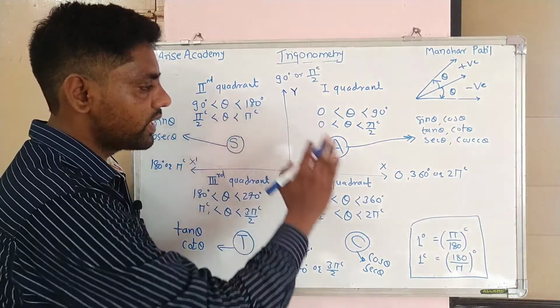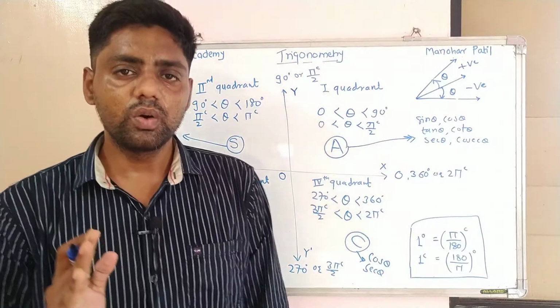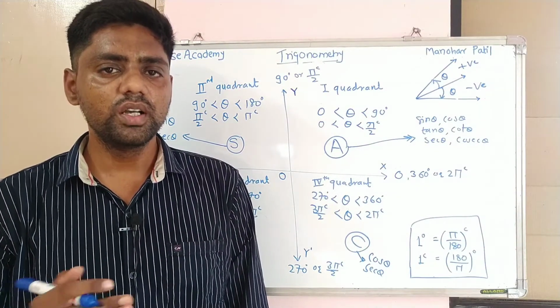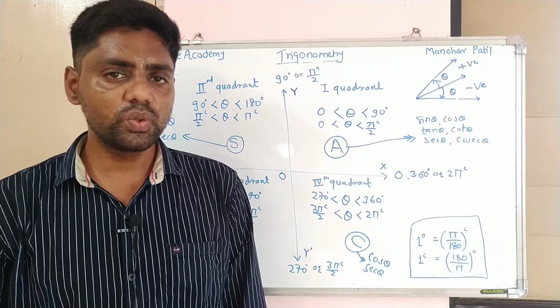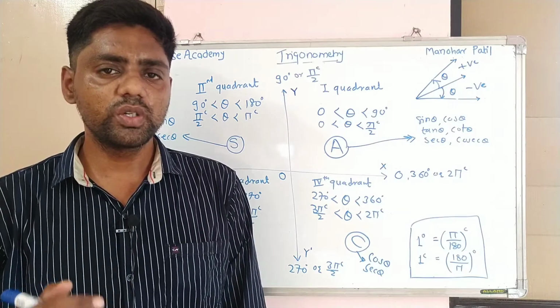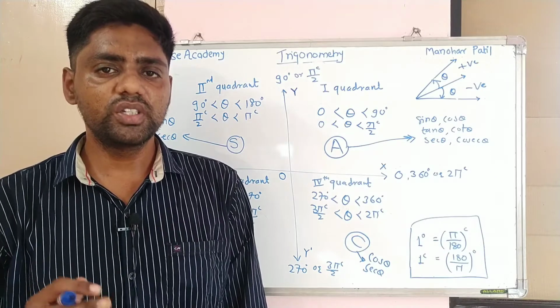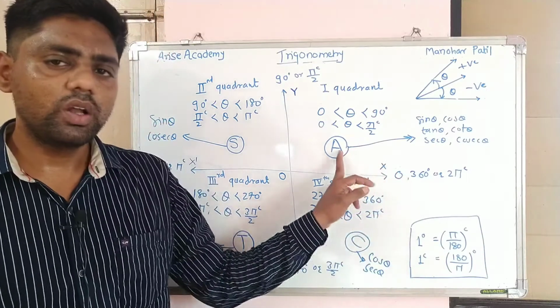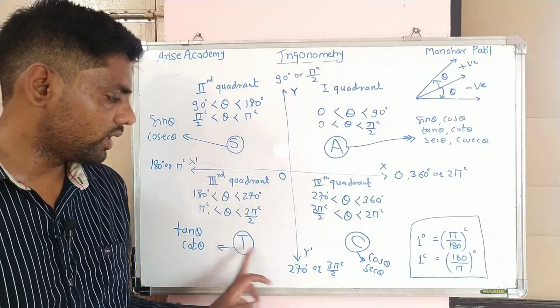In such a way you can remember how to represent an angle in the quadrant system, and you can understand which ratio is positive in which quadrant by remembering one sentence: All Students Take Coffee.